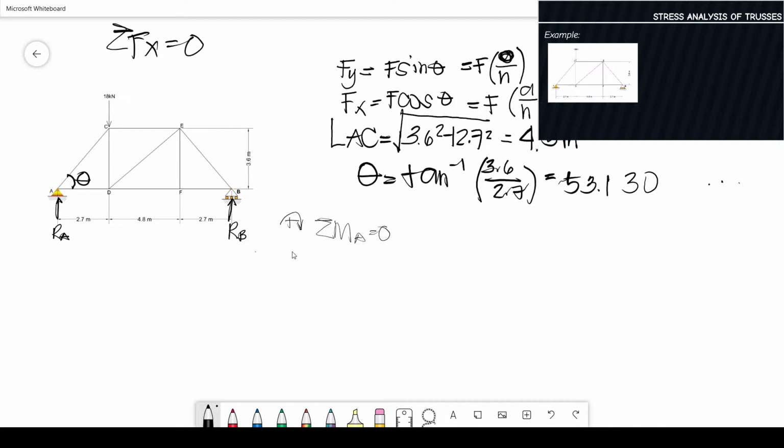RB is tipakadto that is negative. RB, tama ba? Tama. RB times this training a distance that is 2.7 plus 4.8 plus 2.7. That is 10.2.